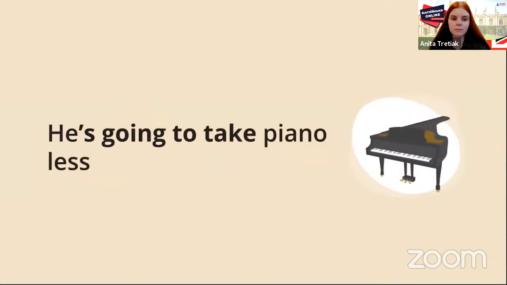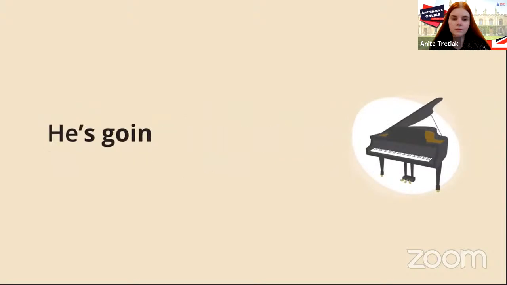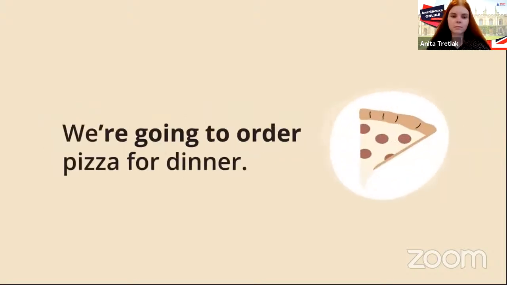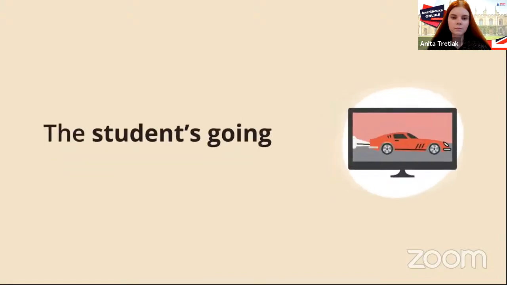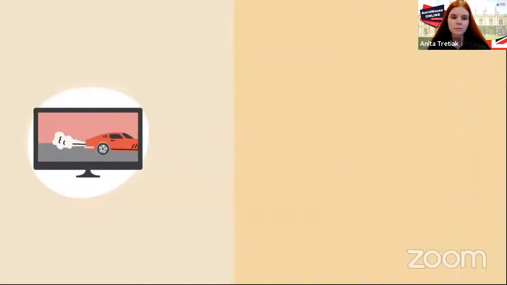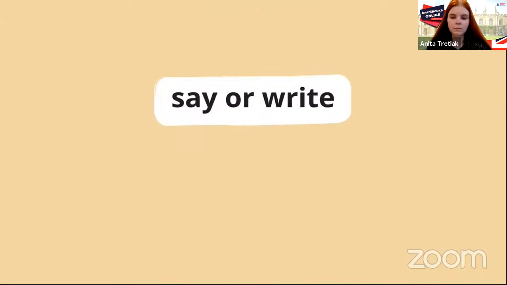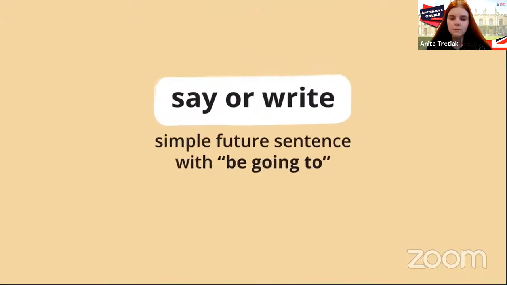He's going to take piano lessons next month. We're going to order pizza for dinner. The student's going to watch TV tonight. Look at the picture and say or write a simple future sentence with be going to. Use the contracted form.